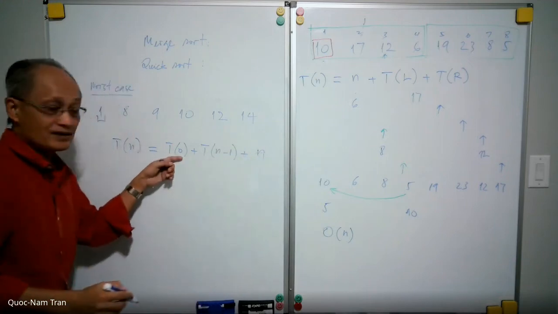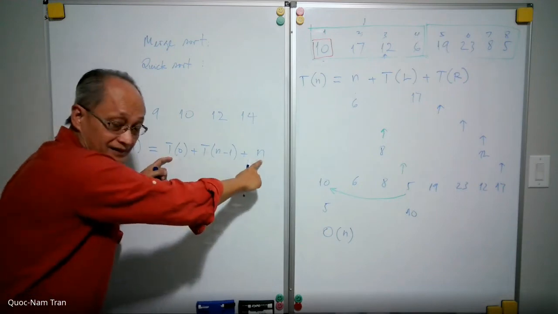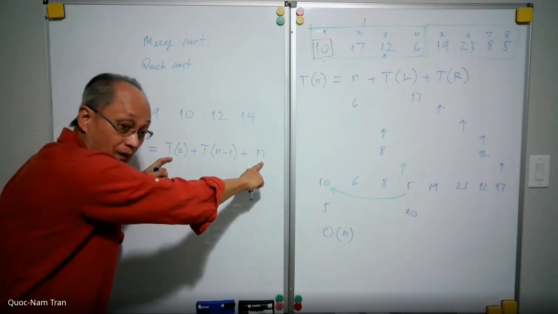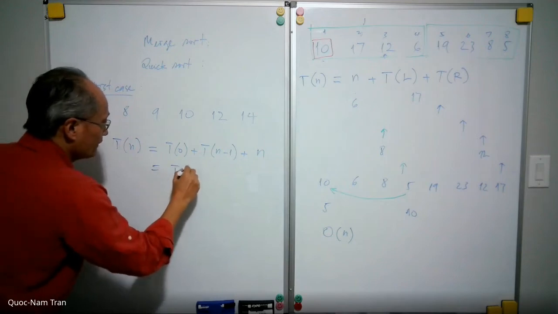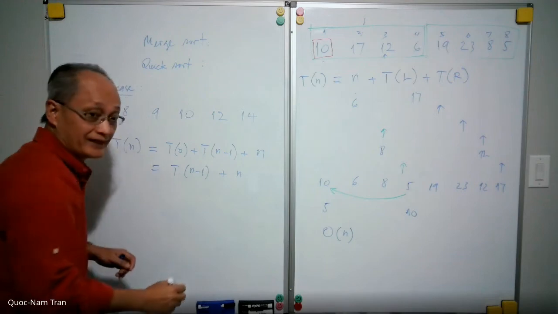T0 is 1, and 1 plus n is n plus 1, which is also big O n. So that is about Tn minus 1 plus n.